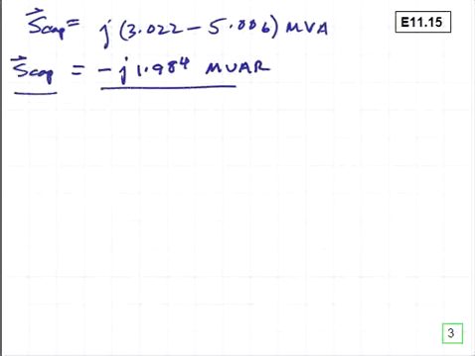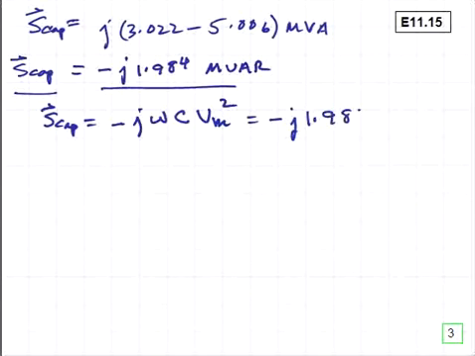The significance of the minus sign here is that the capacitor supplies reactive power, whereas an inductive load will absorb reactive power. In terms of the capacitor, the reactive power is equal to minus j omega C Vm squared, and that's equal to the value we just obtained above, 1.984 megavars.